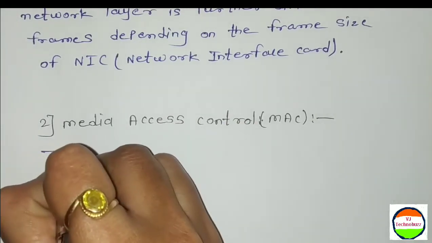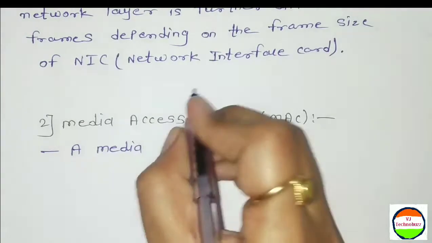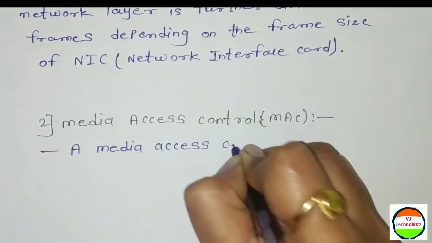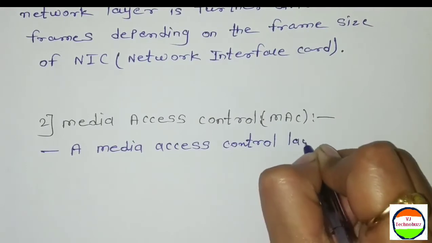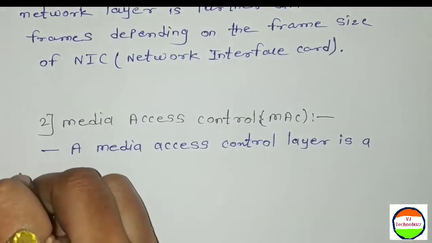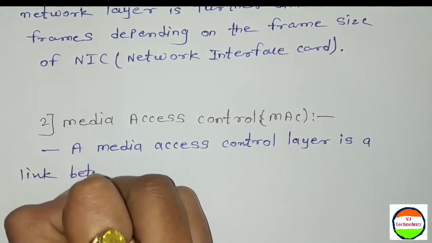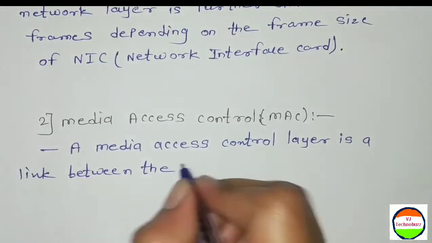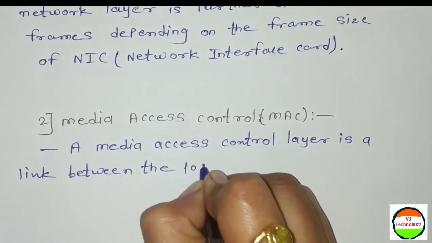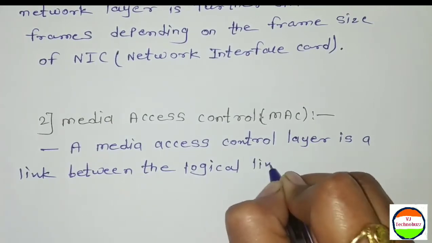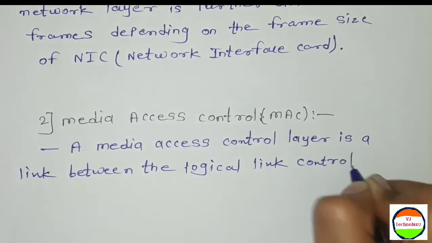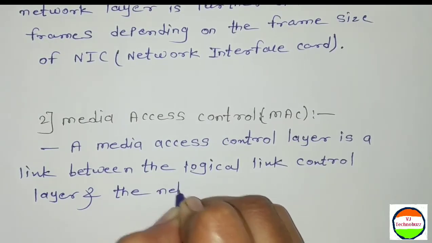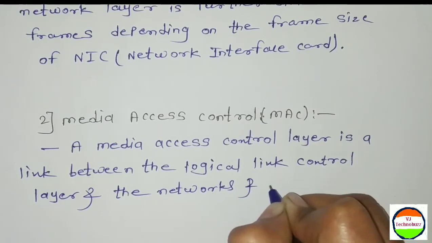The media access control layer is a link between the logical link control layer and the network's physical layer.